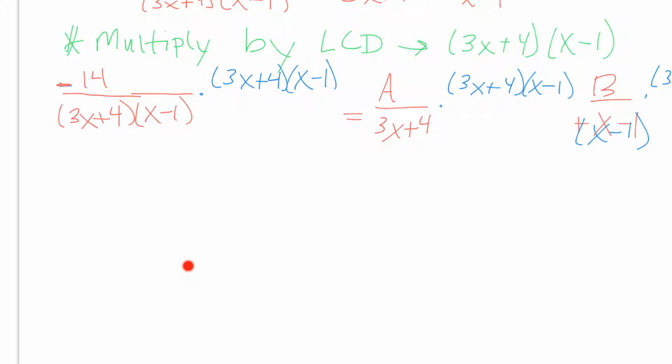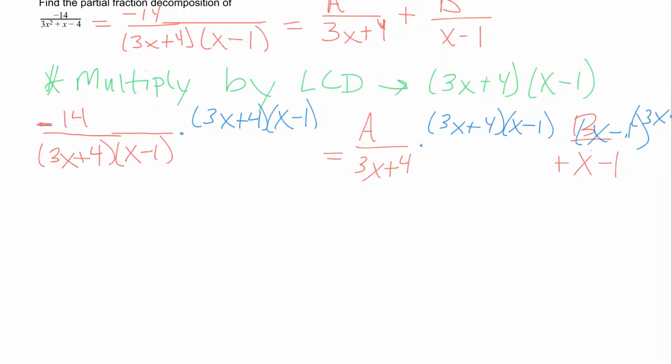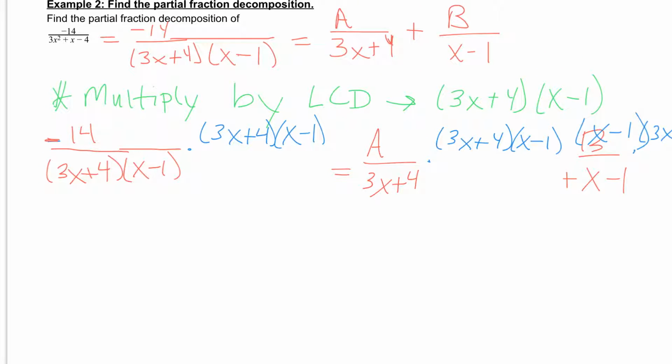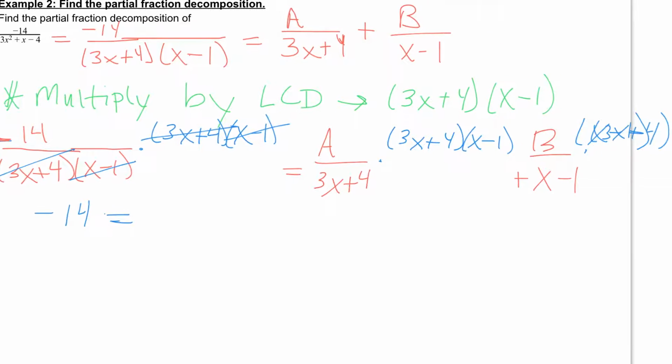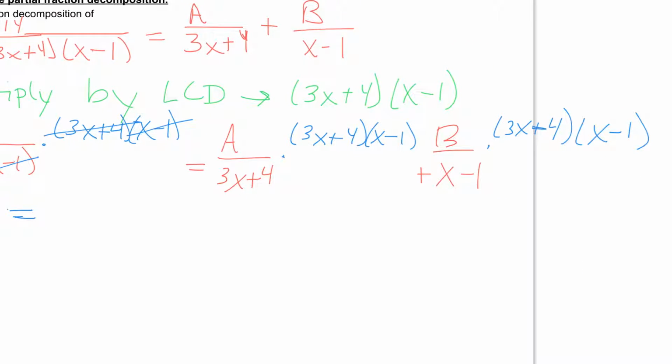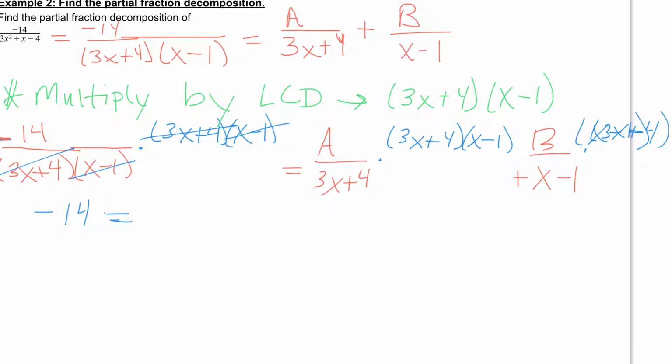Then we're going to look to cancel stuff out. If I look at my very first one, this 3x plus 4 and this 3x plus 4 will cancel, along with the x minus 1. And the only thing I'm left with here is negative 14. Equal to, this 3x plus 4 will cancel out with that 3x plus 4, but I'm still left with A times this x minus 1.